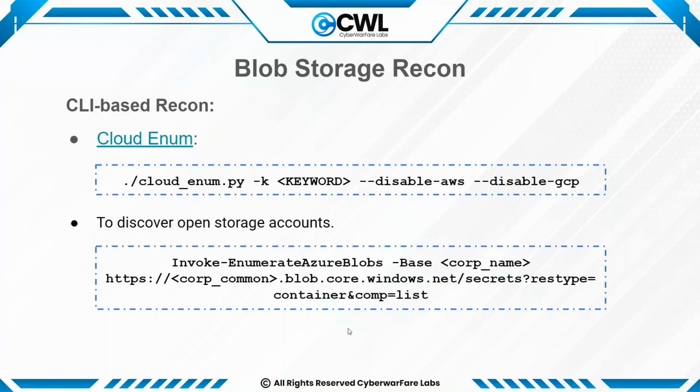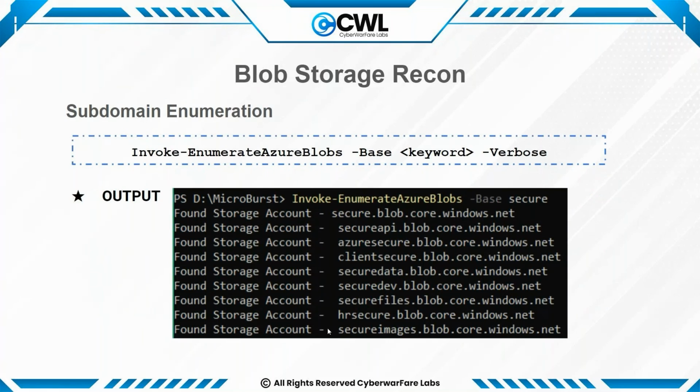So again we are doing subdomain enumeration on blob storage containers. This particular command is to enumerate blob containers associated with a specific base keyword. This command can get you the blob containers which are publicly accessible.